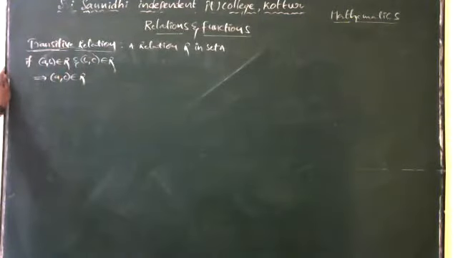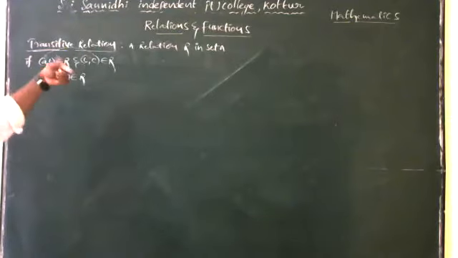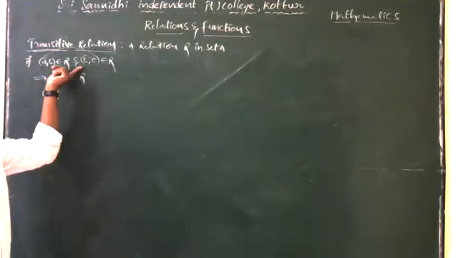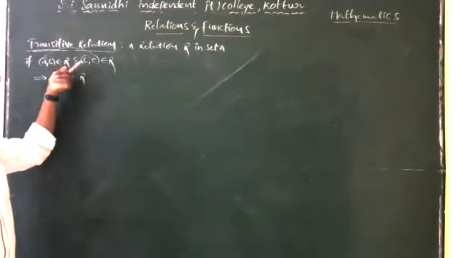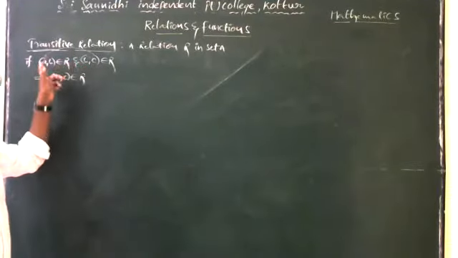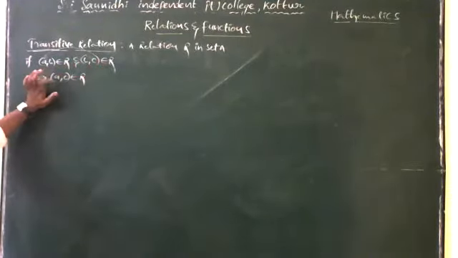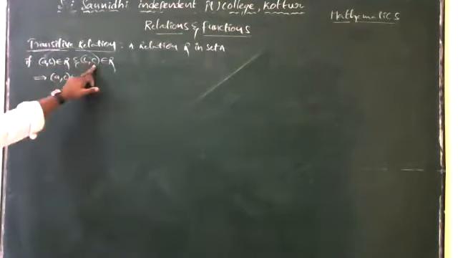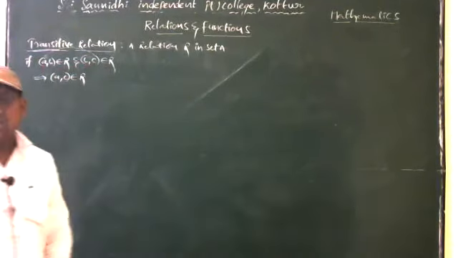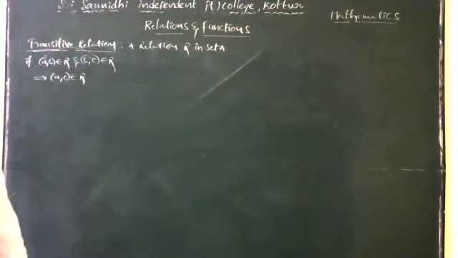Transitive relation. So here a comma b belongs to R and b comma c belongs to R; they are already in the relation. Now what you have to check is whether the ordered pair a comma c is in the relation or not. Right? In case a comma c is there, that is called the transitive relation. Clear?